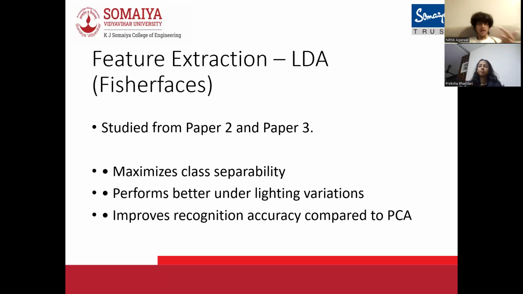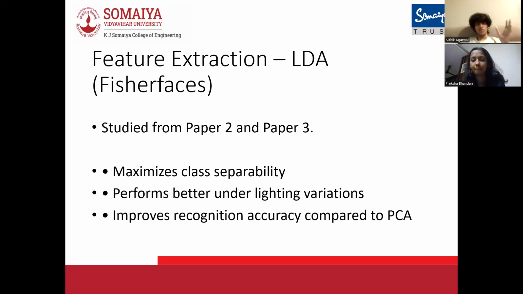The next feature is LDA, that we studied in paper 2 and paper 3. LDA stands for linear discriminant analysis. It is used in Fisherfaces. How it works is it uses class labels, that is person identities.